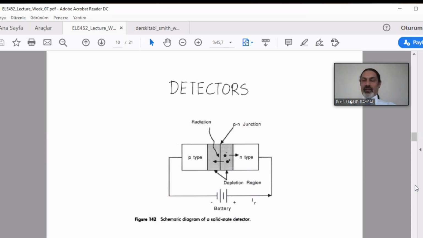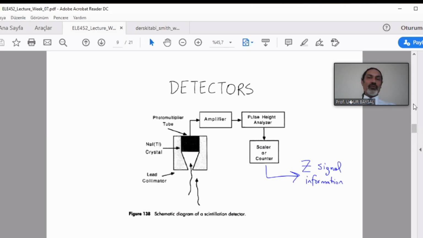There are a couple of types of detectors. This is a solid state detector. That's a semiconductor material. If radiation is incident on the junction layer, electron-hole charge pairs are formed if they absorb the energy. So the electronic circuitry current increases, and that is proportional to the number of photons.